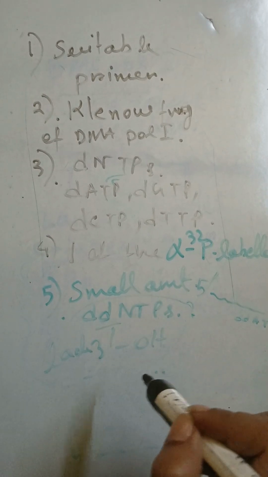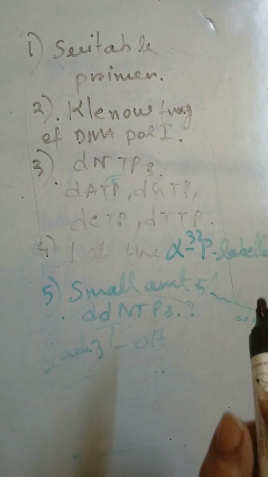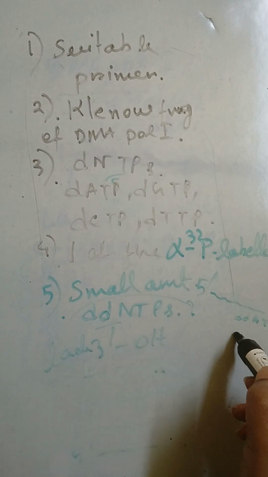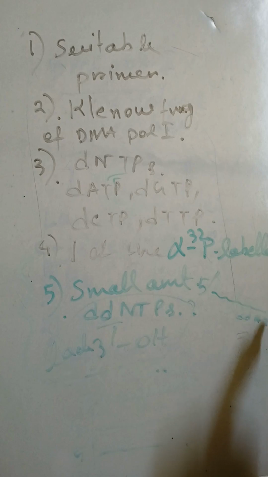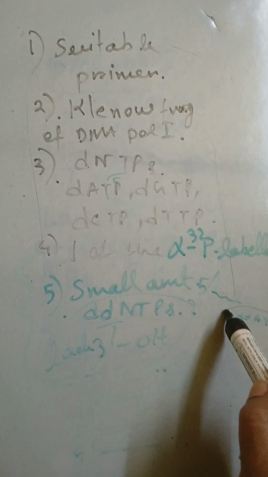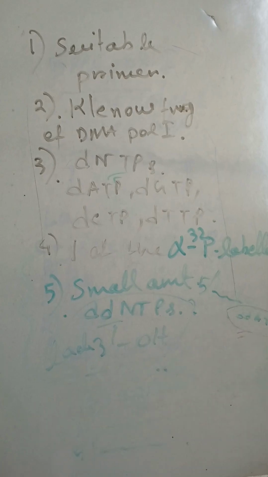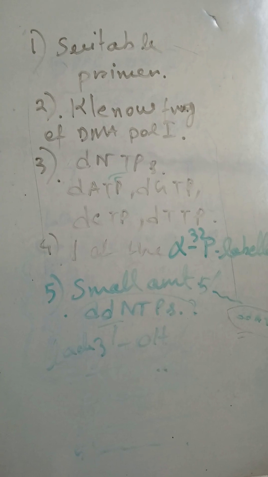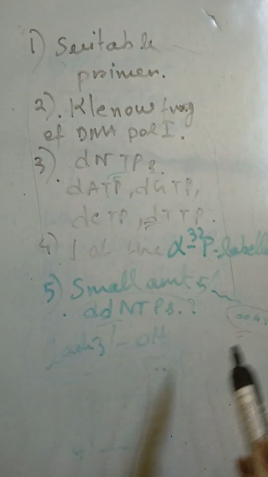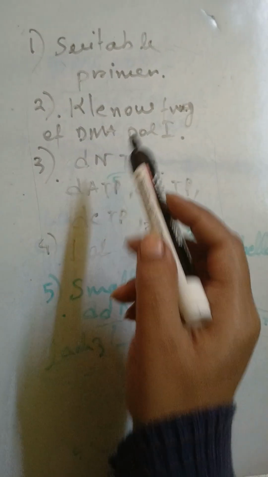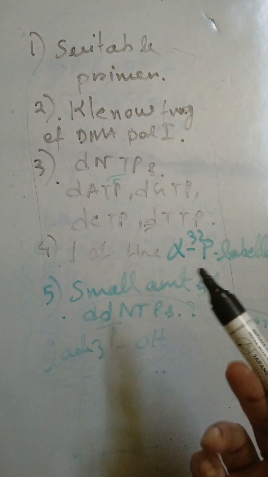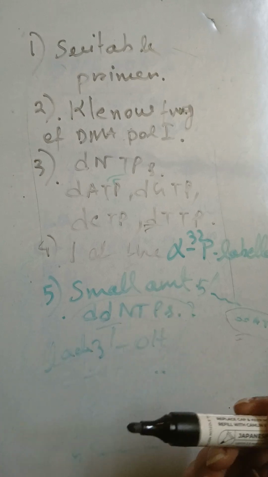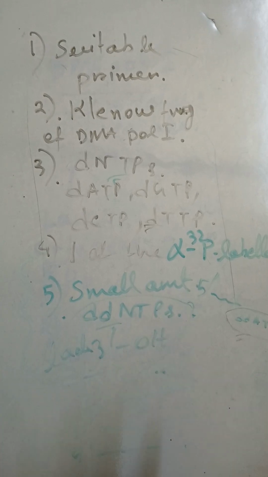Because the Klenow fragment doesn't identify it; it is a different nucleotide from this one. So it's a very unknown thing for the Klenow fragment of DNA polymerase 1. So immediately it will stop its function, and at that place the whole DNA polymerase reaction will be stopped.